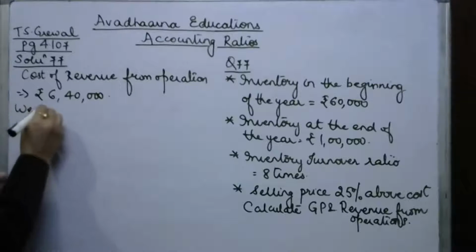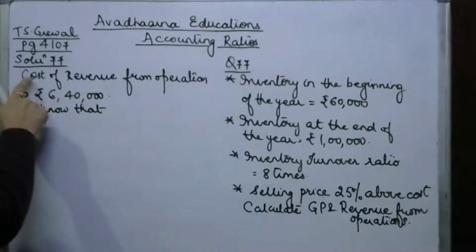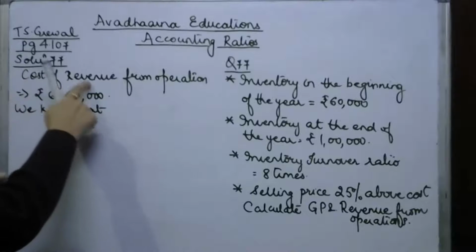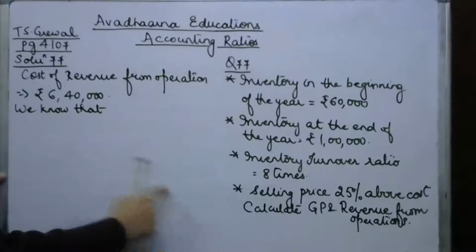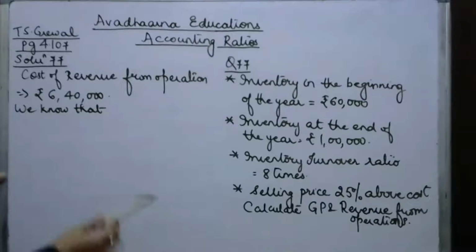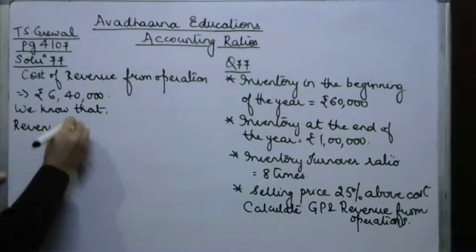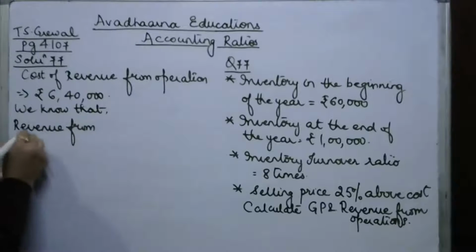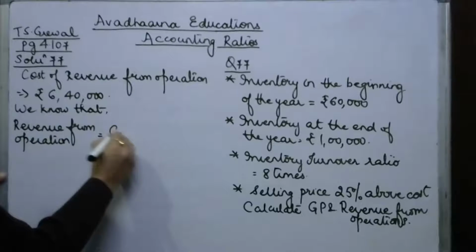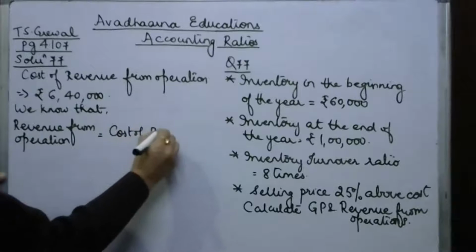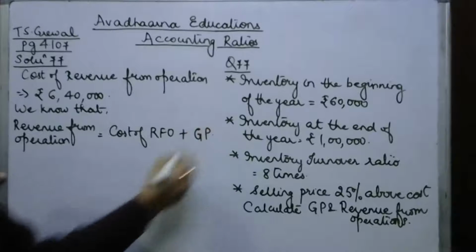Now we know that if we add gross profit in cost of revenue from operation, we are going to get the total sales, which is nothing but revenue from operations. So revenue from operations, which is net sales, is equal to cost of revenue from operation plus your gross profit, fine, plus your profit margin.